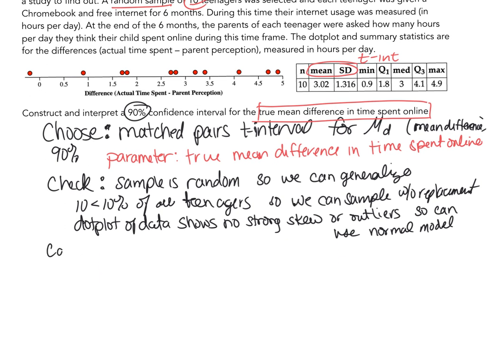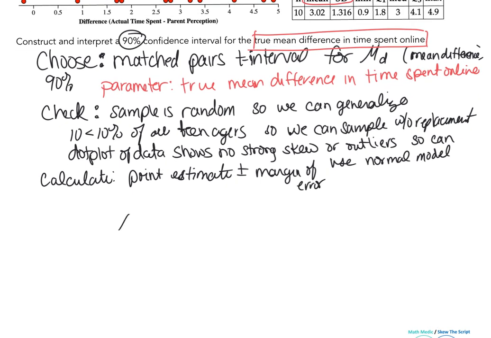The next is calculate. Our general formula is our point estimate plus or minus the margin of error. Our exact, specific formula is the sample mean difference, so we do x bar with a little d, plus or minus t star times s, the standard deviation of the differences, over the square root of n.